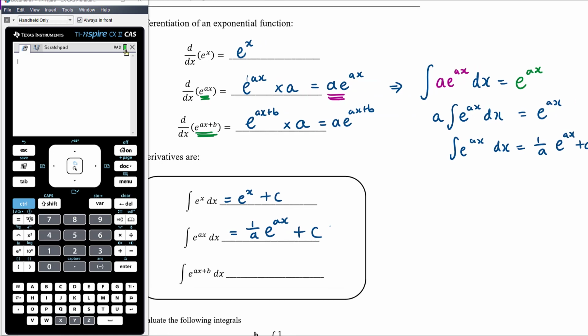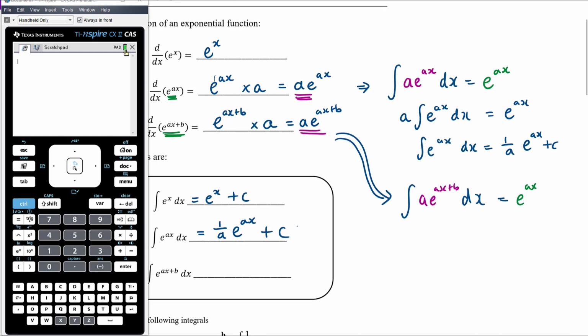If we know that when we differentiate the green thing, we get the purple thing, we immediately know from this that the antiderivative of a e to the ax plus b is going to be equal to e to the ax plus b. Derivative of green gives me purple, antiderivative of purple gives me green.